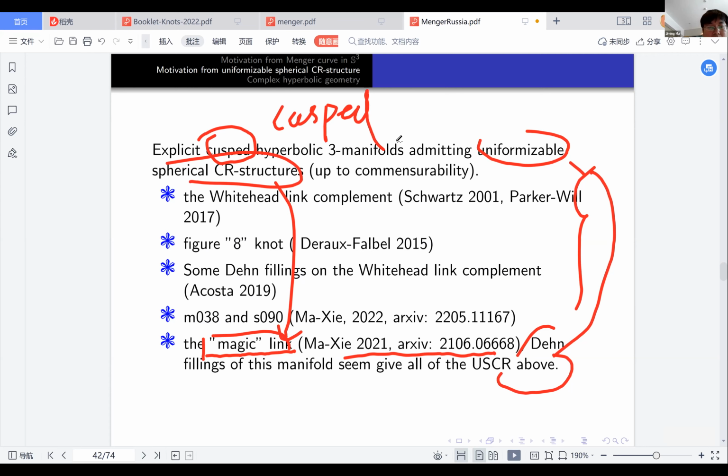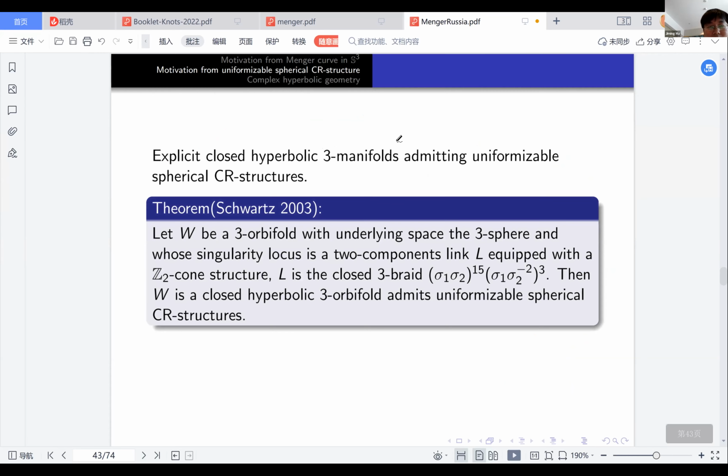And so we consider here the closed case, right? So explicit closed hyperbolic three-manifolds or three-orbifolds admitting uniformizable spherical CR structures. The first one is also given by Richard Schwartz.